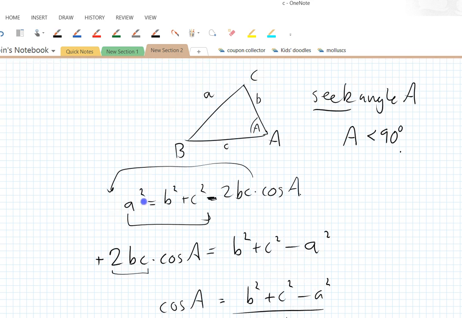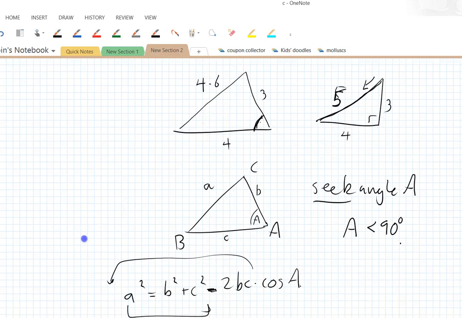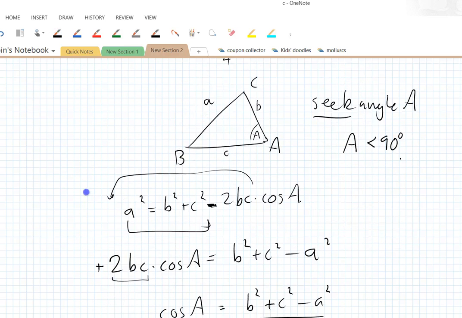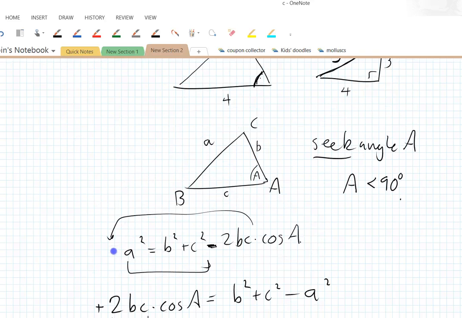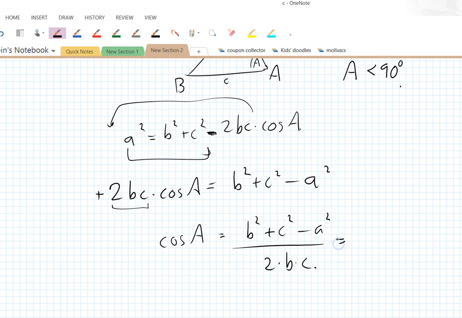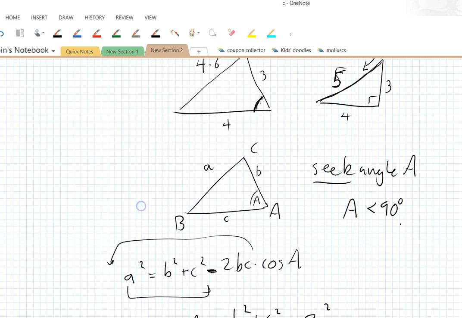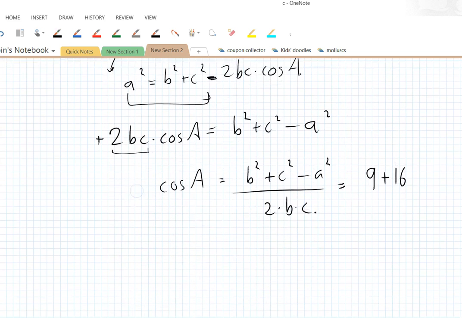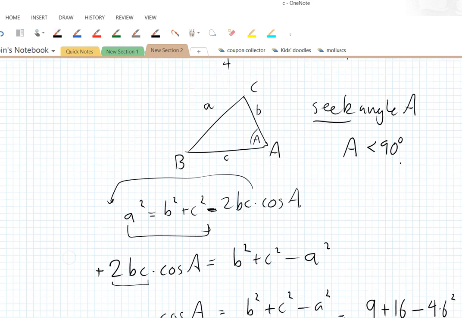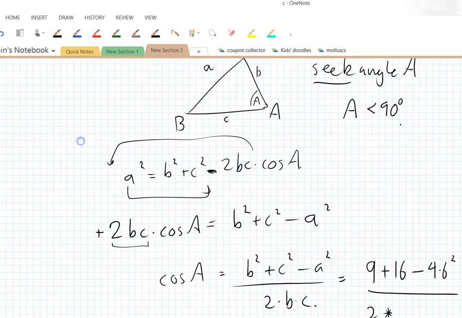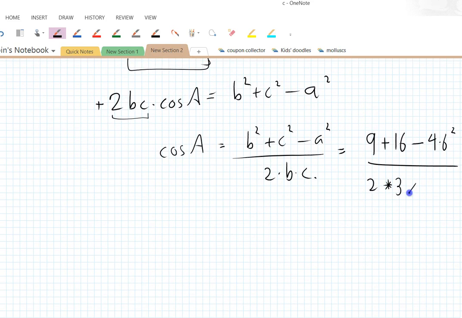And we know what those values are because there they are. So A and B were 3 and 4. No, they weren't. B and C were 3 and 4. So that's equal to B squared was 9 because 3 3s are 9, plus 16 because 4 4s are 16, minus 4.6 squared over 2 times B times C, which was 3 times 4.